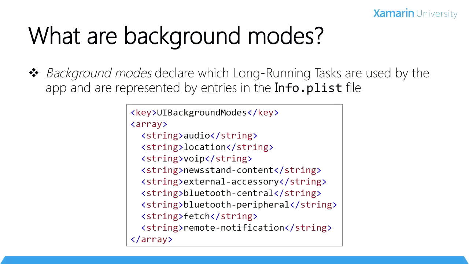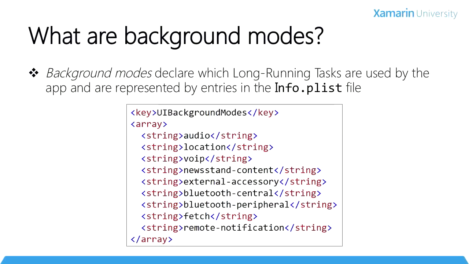If we want to use long-running tasks, we first have to declare what exactly our app is supposed to do. And that declaration is called a background mode declaration. If you open the info plist file of your iOS application, then you will find a key that is called UI background modes.